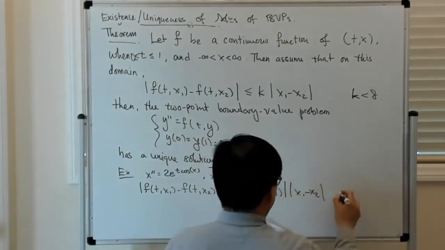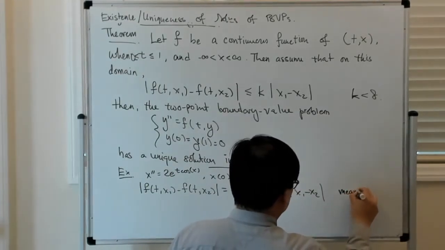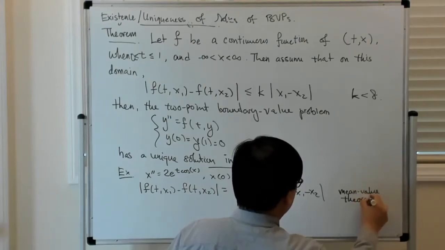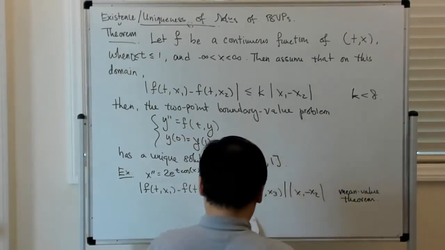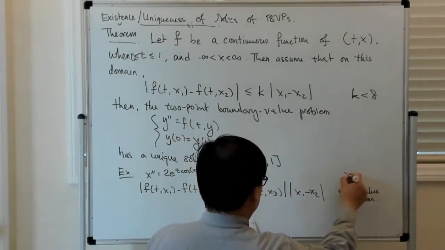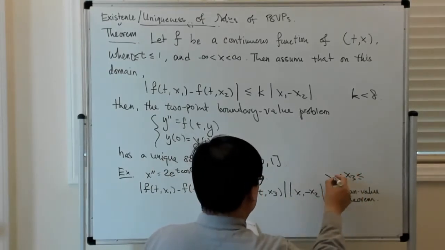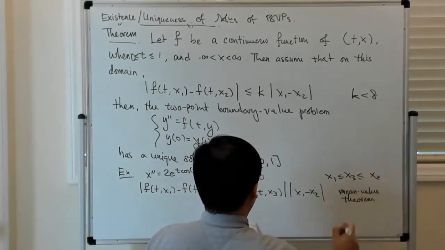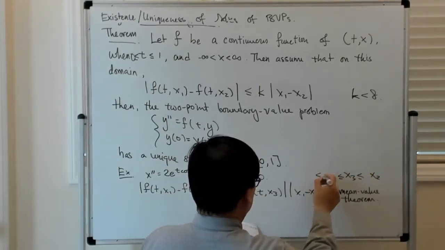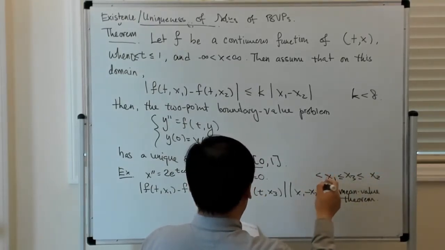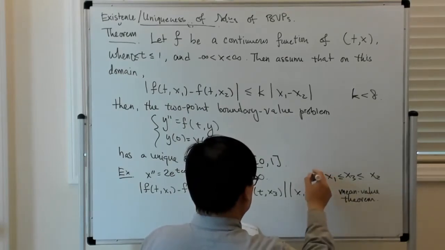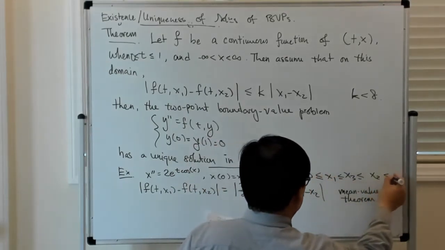This is just the mean value theorem. So x3 is between x1 and x2, and we know these are strictly between 0 and 1.